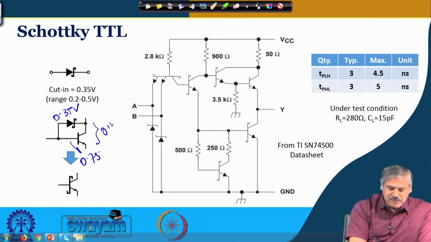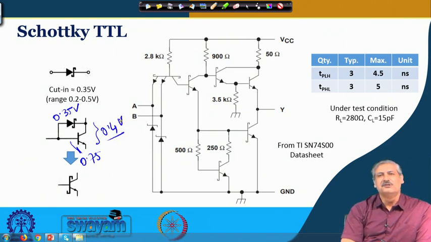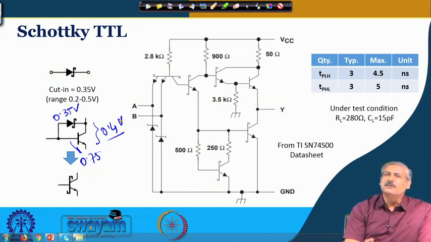So, this is 0.4 volt or so, which prevents it getting into saturation. Okay. So, it just stops short of saturation, which is useful in the sense that it helps in bringing it out of saturation, and the switching speed increases.